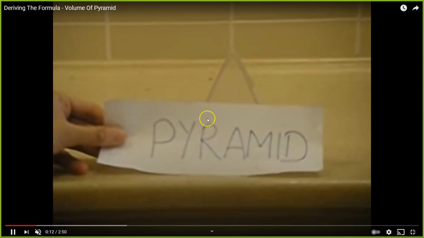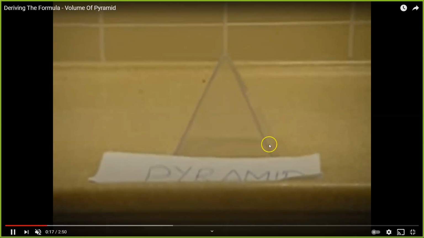Okay, now, the volume isn't important on this video, which is fine. I'm going to make it go a little faster. It's not the best quality, I'll give you that. But here's the idea I'd like you guys to think about. Okay, we have a pyramid, right? And it's a square pyramid.